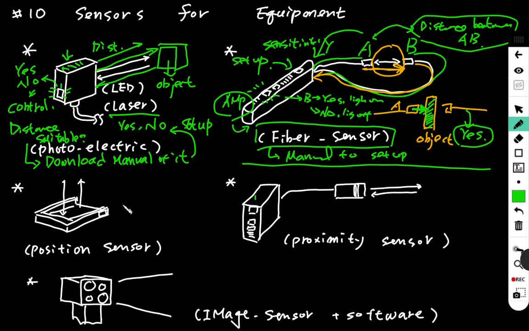Then this is the position sensor. The same function: it ejects an optical signal, and if something is here, it reflects the signal to the sensor, the light comes on, and it tells the control center there is something here.